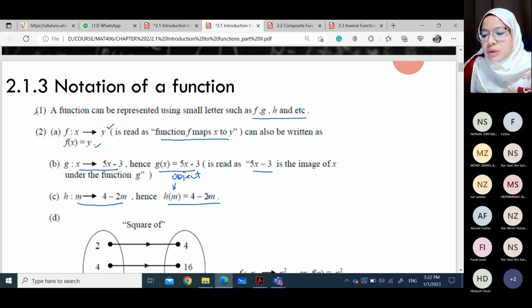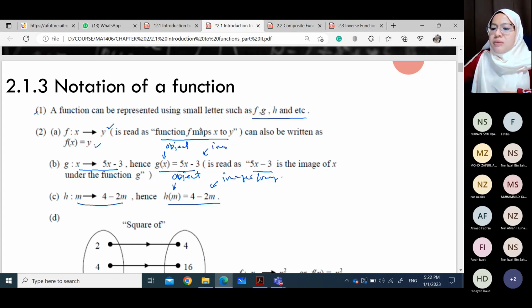And 4 minus 2M, yang ini adalah image ataupun range. Okay, sama juga lah. So yang ini adalah objek. 5X minus 3 is our image. Right, so maknanya you nilai 5X minus 3 is depends on the value of X. Itu maksud dia.